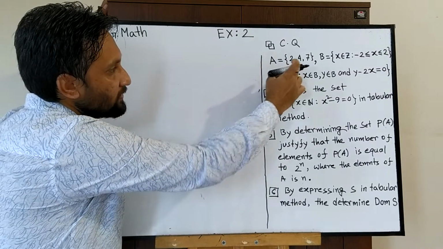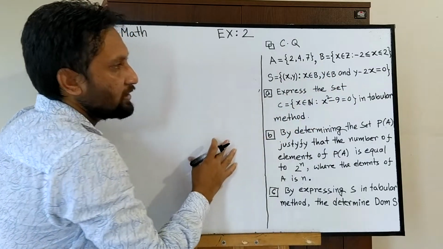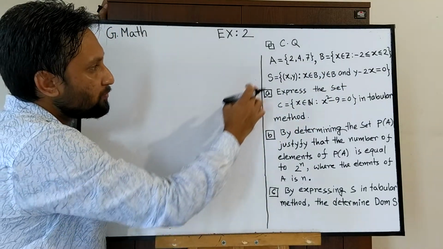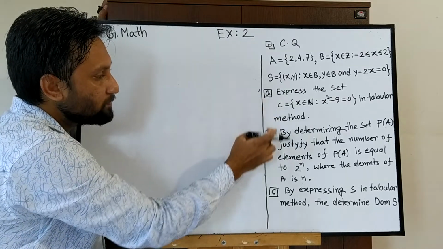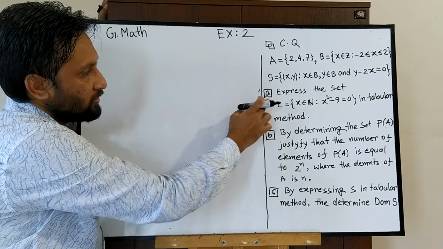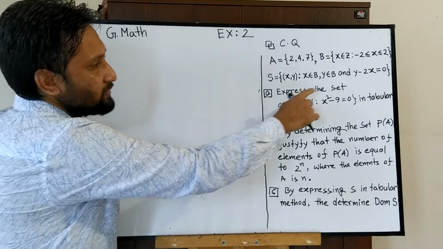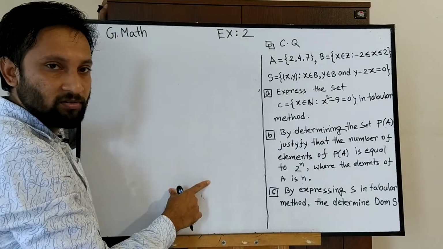Here set A, set B and set S are given. So by using these sets, we have to solve parts A, B and C. Now the first one, A: express the set C in tabular method.